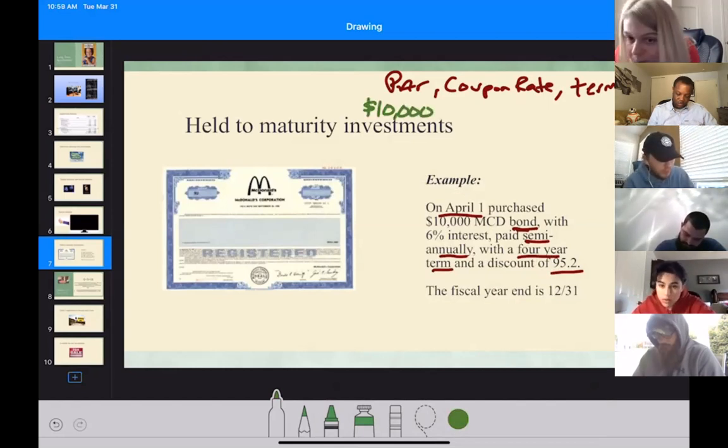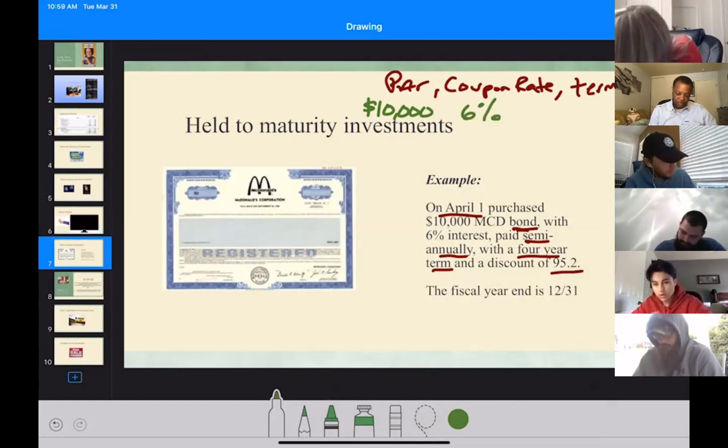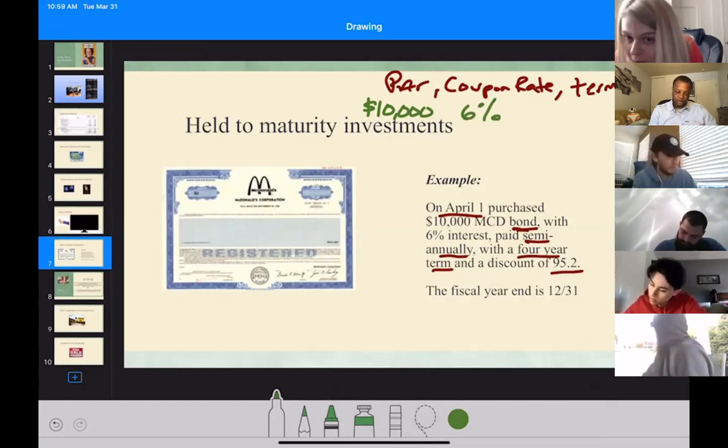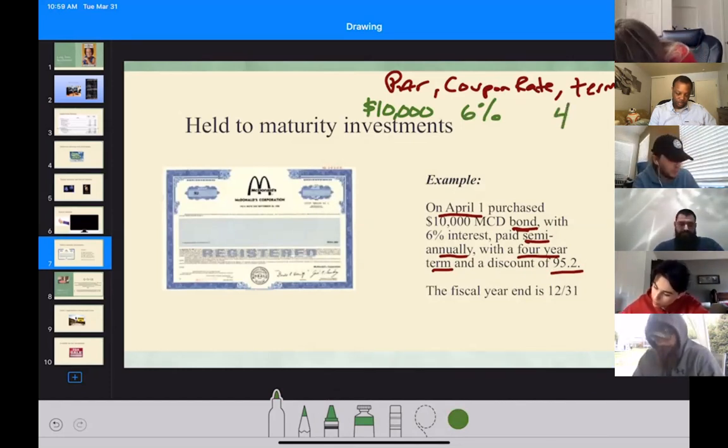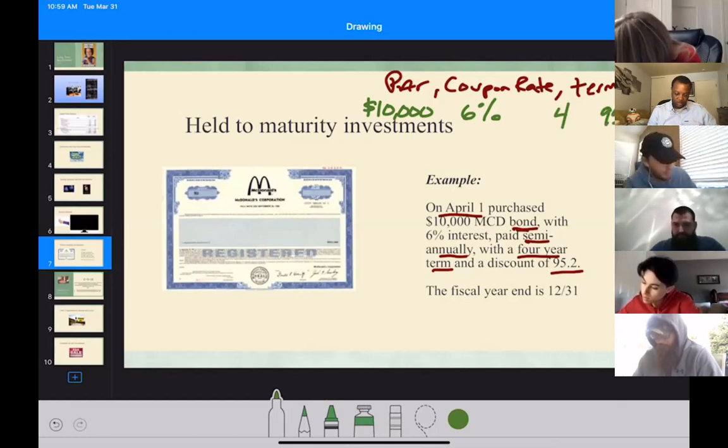What is the coupon rate? 6%. What is the term? 4 years. Yes. And the price? Is that not given? 95.2. 9,520.